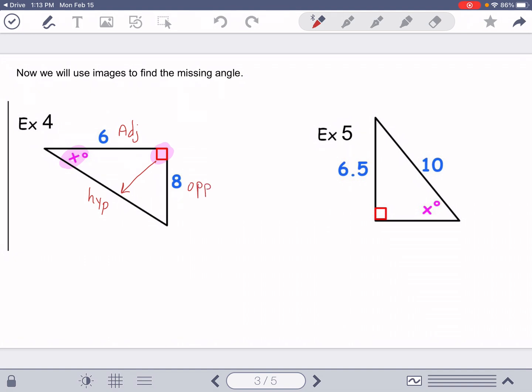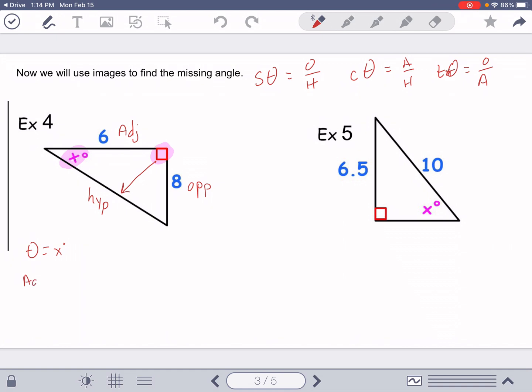So I've still got to know what these trig functions are before I can figure out what my angle is. So theta in this case is x, that's what I'm looking for.